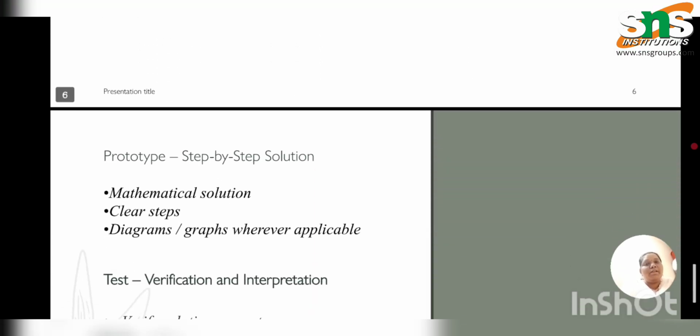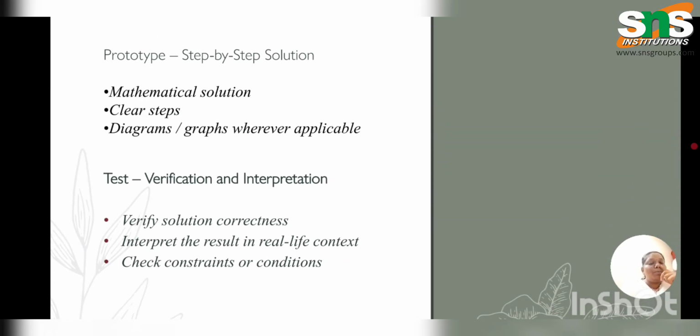The next one is the prototype, where we implement the chosen method by solving the problem step by step using mathematical models, equations, graphs and algorithms. Then finally we test, verifying the situations and interpreting the result. We connect back to the real world context.